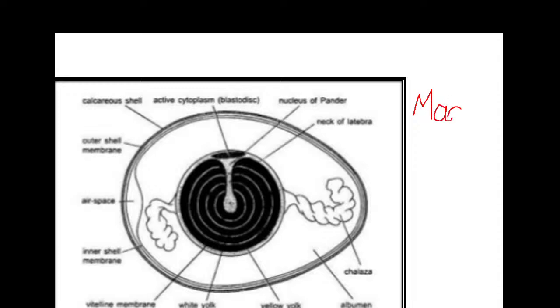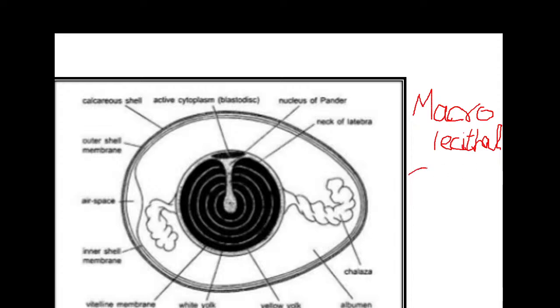What type of egg is it? It is a macrolecithal egg. Lecithin means yolk, so a macrolecithal egg means a large amount of yolk is present.